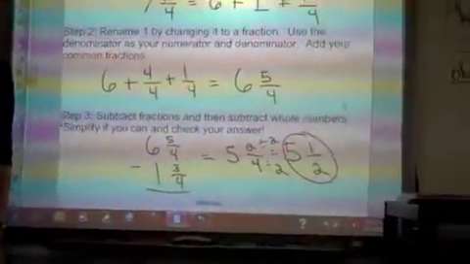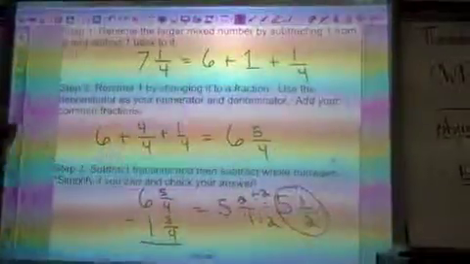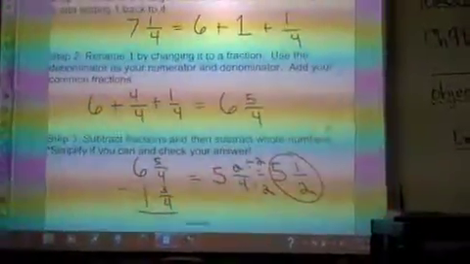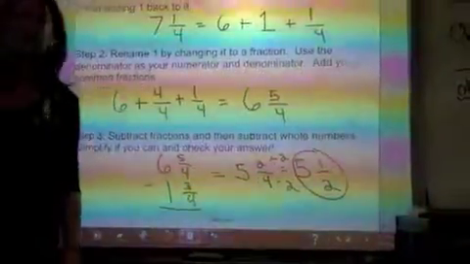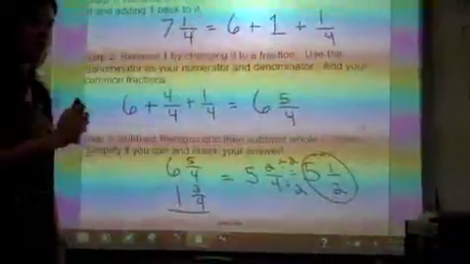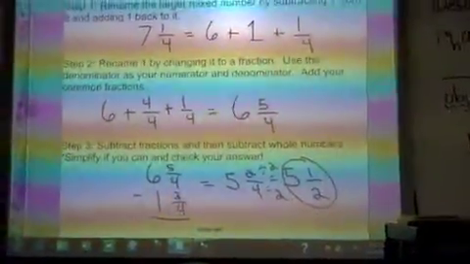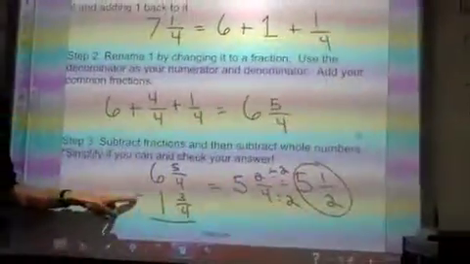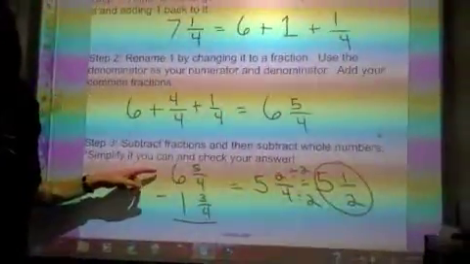And I circle my answer. Now, how can I check my answer? That's the only thing I haven't done here. 5 1/2. How do I know that that's right? Because as you guys saw from yesterday, if you don't check your work, you might have gotten the wrong answer, especially with subtraction. So what do I need to do to check my answer? Add the lower number to see if I get my big number to start.